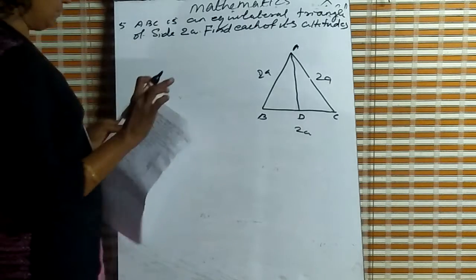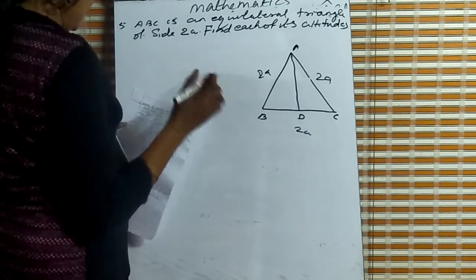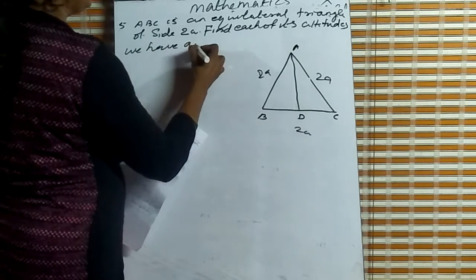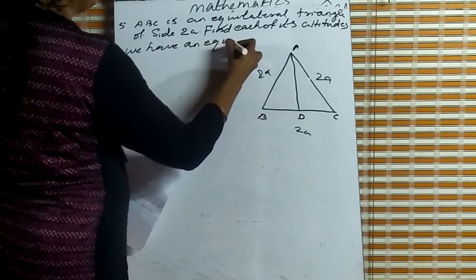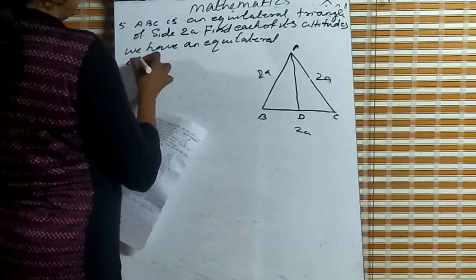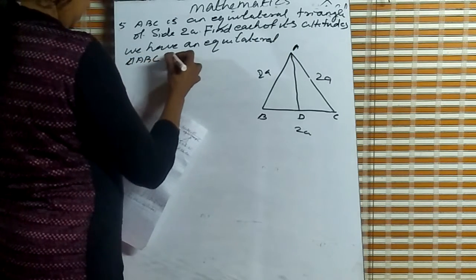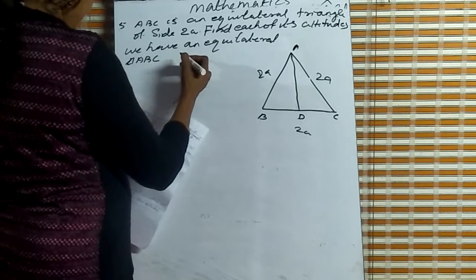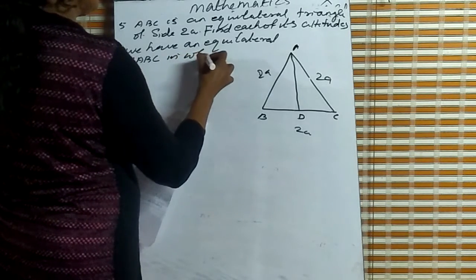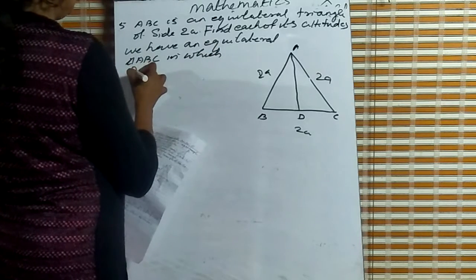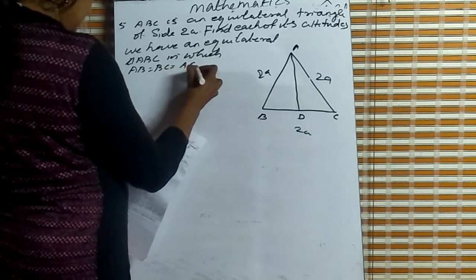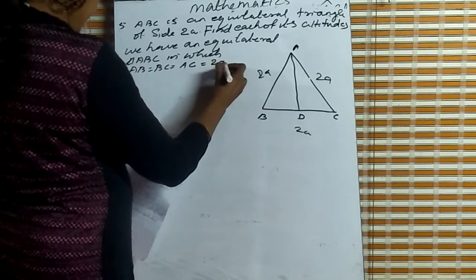For that, what is given here? We have an equilateral triangle ABC in which AB is equal to BC is equal to AC equals 2A.